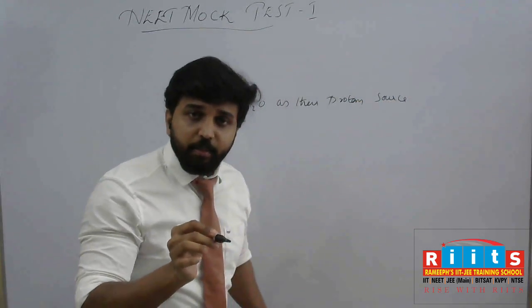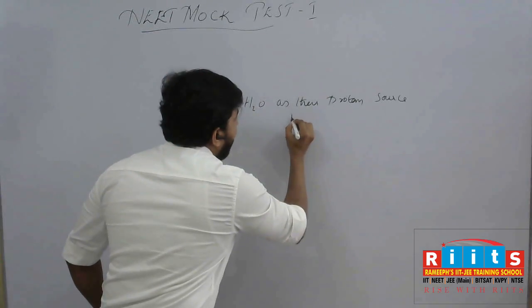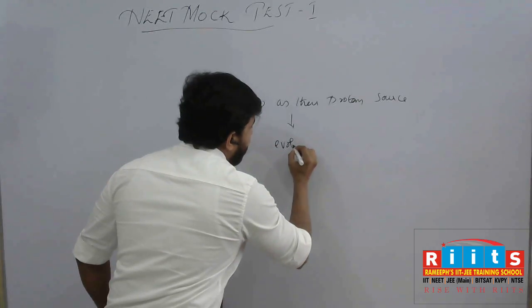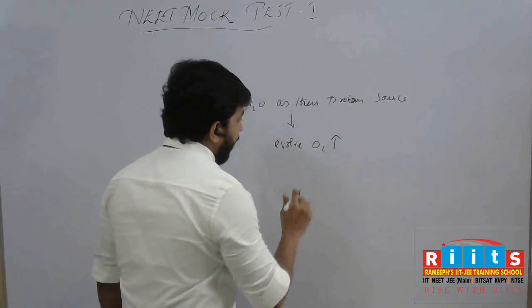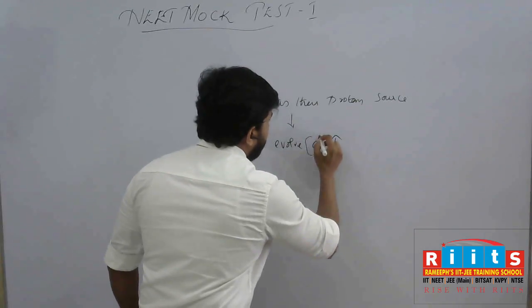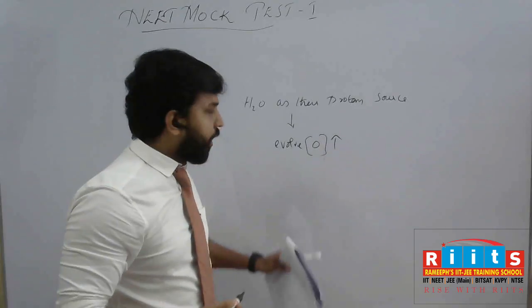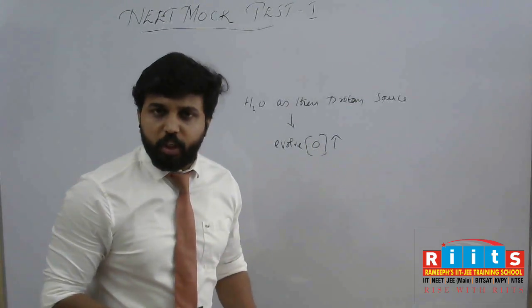If an organism uses water as its proton source, it will definitely liberate oxygen, that is nascent oxygen, newly formed oxygen. That's why I mentioned it like this. Nascent oxygen.